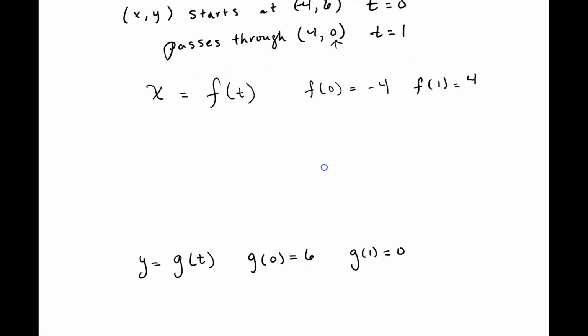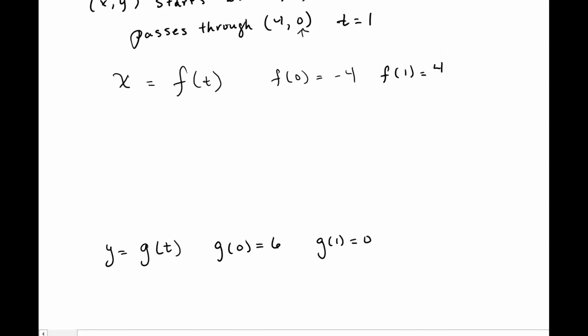Again, we're assuming it's linear, so I'm going to find the slope. The slope is delta x over delta t. This is the final, 4 minus negative 4, the final minus the initial, over the change in time, 1 minus 0. So I get 8 over 1, which is just 8.